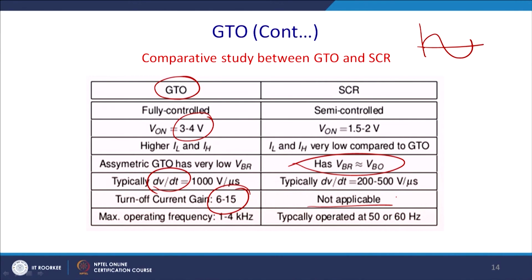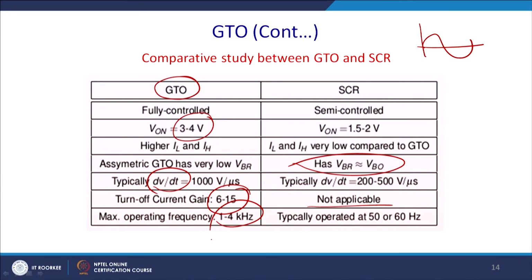So, there is no provision for gate turn off in case of the thyristor. And as I have shown you, the current tail of a typical GTO is in the range of 50 microseconds.